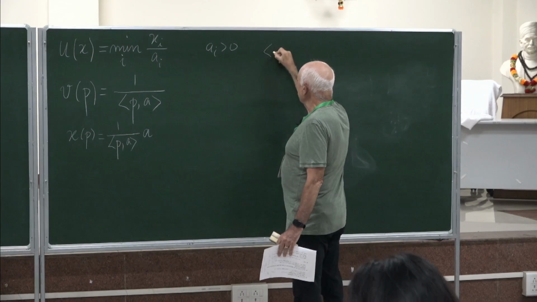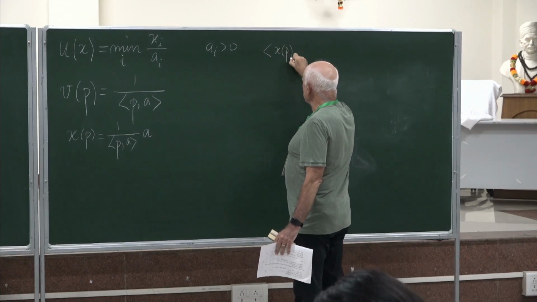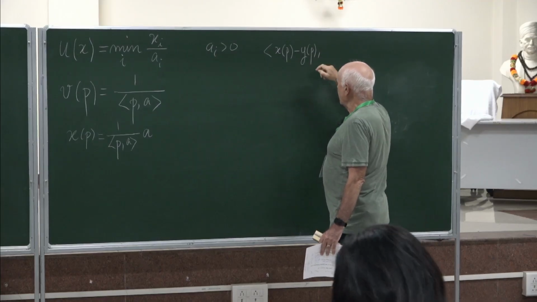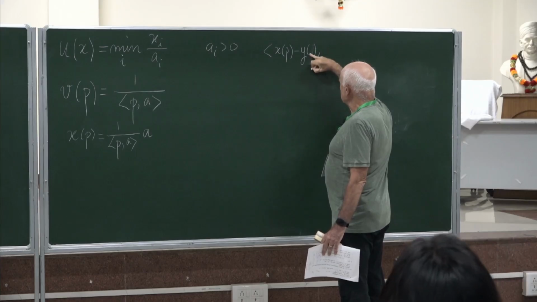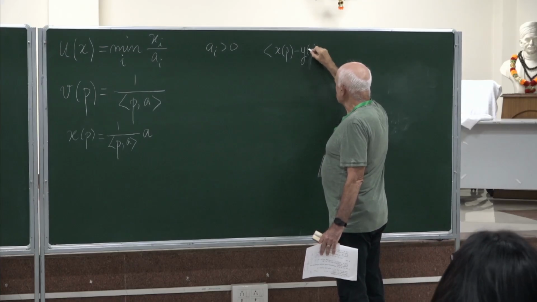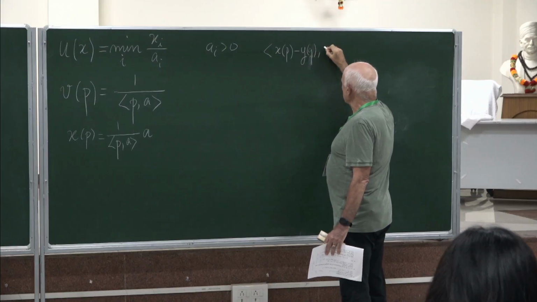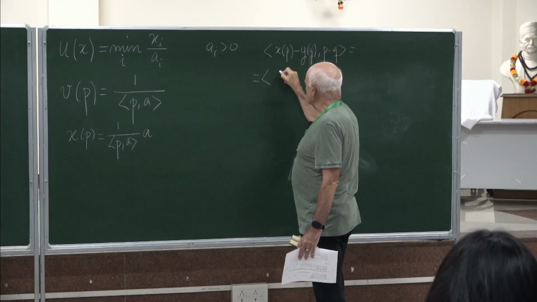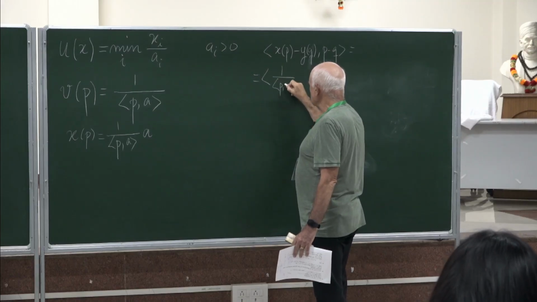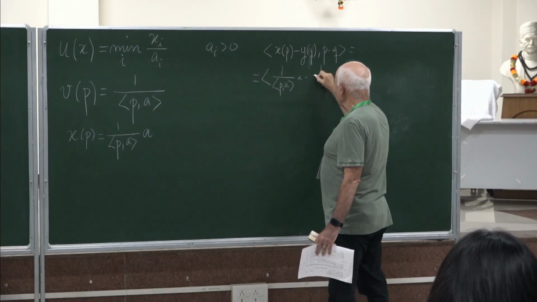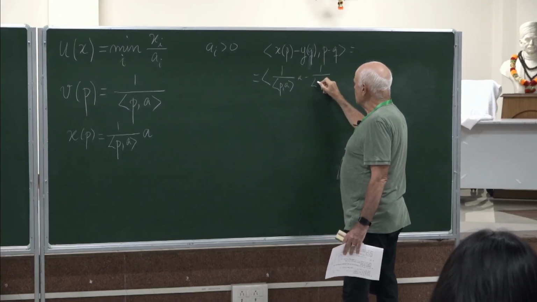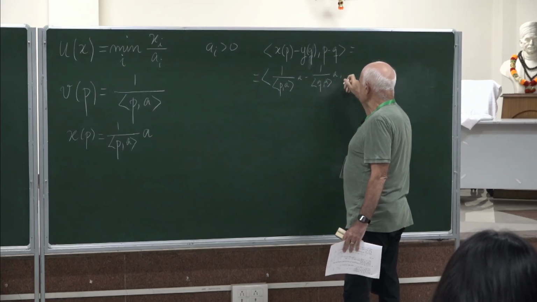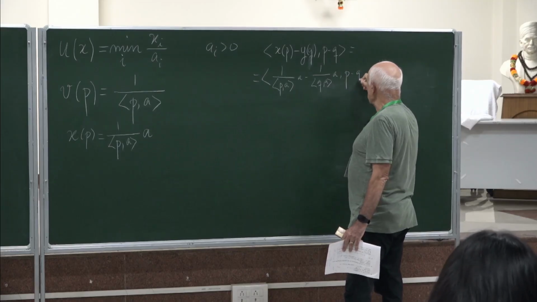So what is x of p minus x of q, times p minus q? This is 1 over p·a times a, minus 1 over q·a times a, times p minus q.